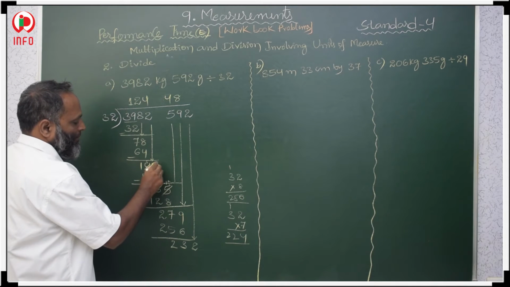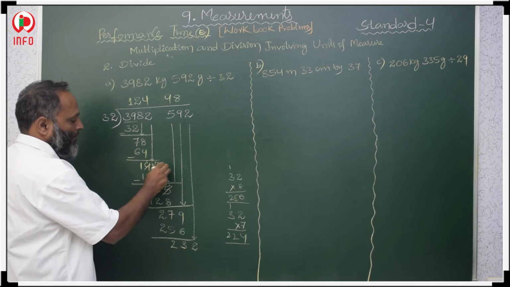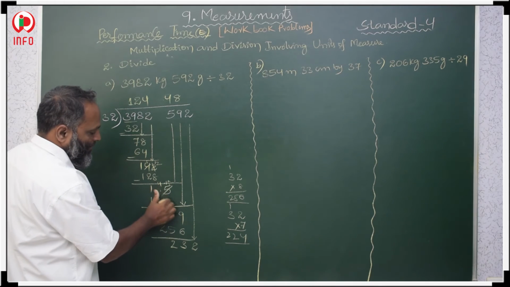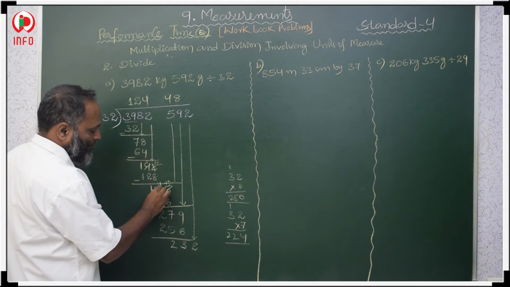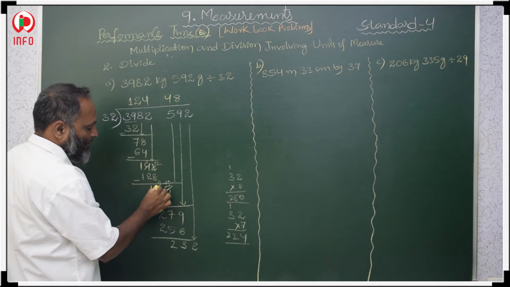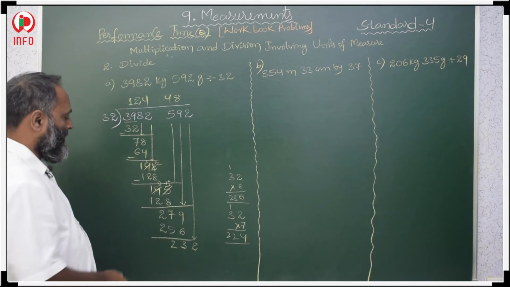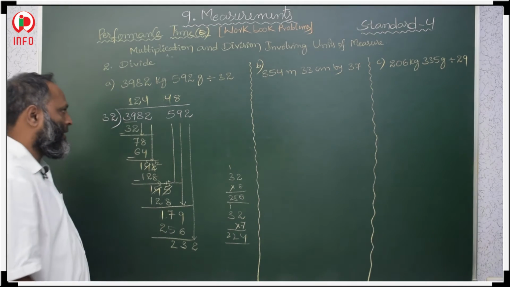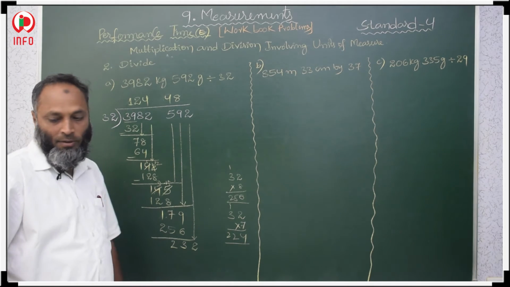Here 12, 12 minus 8 that is 4, here you will get 3, so 3 minus 2 is 1, here 179.